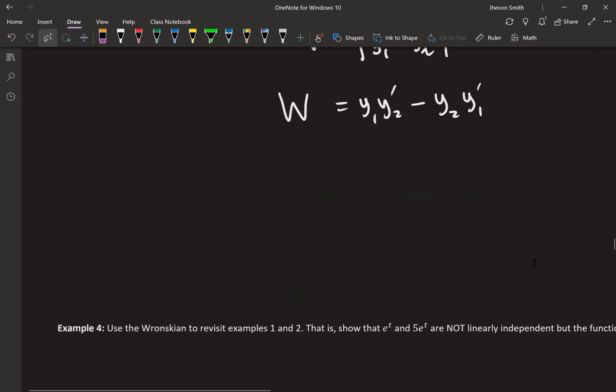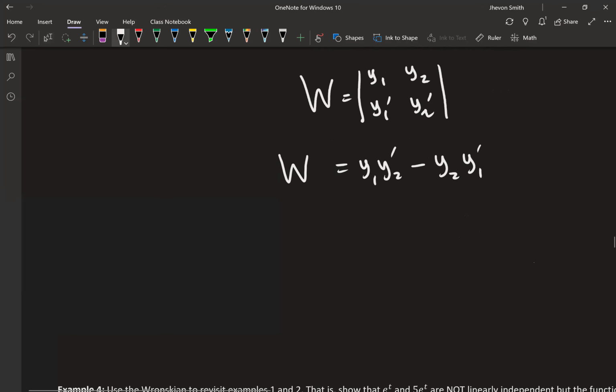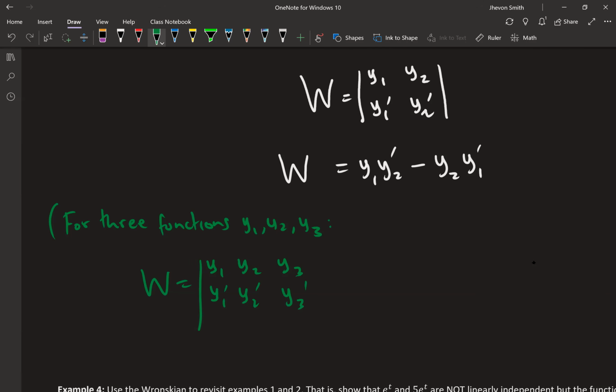And of course, for three functions, and this should be clear, but I'll just write it down. Let's say y1, y2, y3, the Wronskian is just going to be the matrix y1, y2, y3, y1 prime, y2 prime, y3 prime, y1 double prime, y2 double prime, y3 double prime.